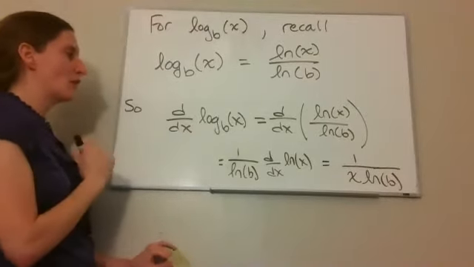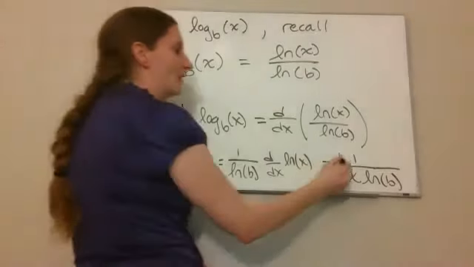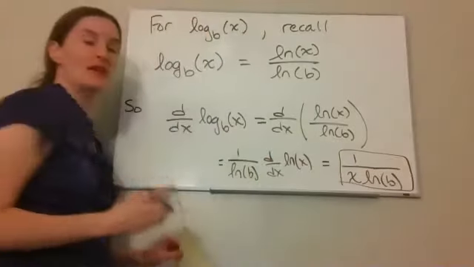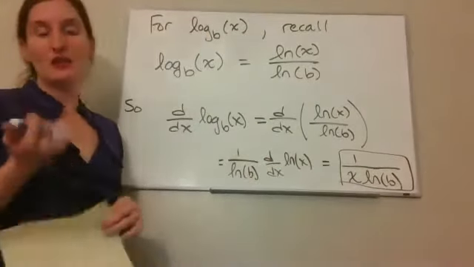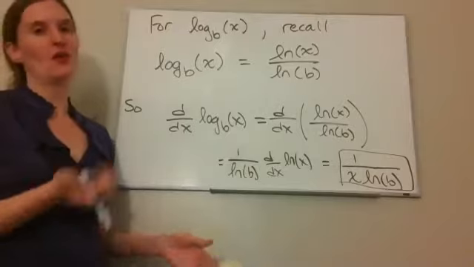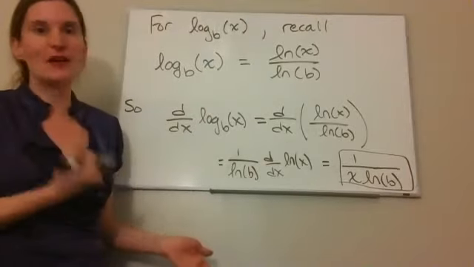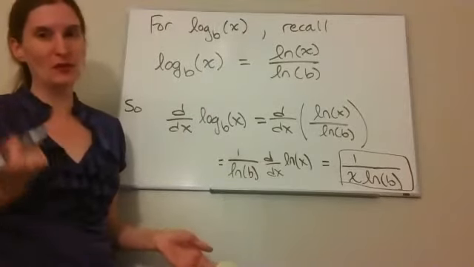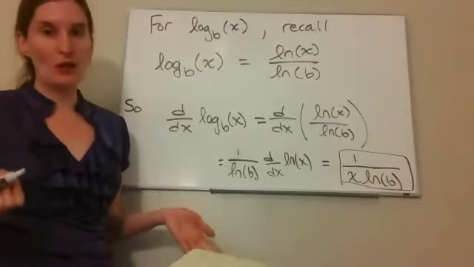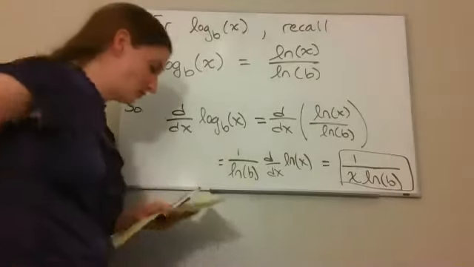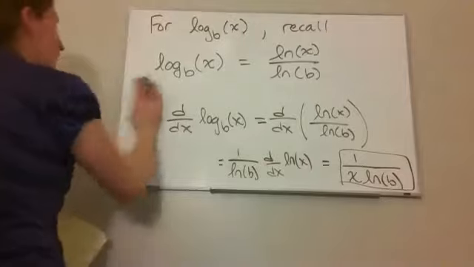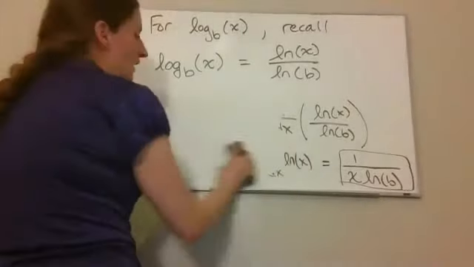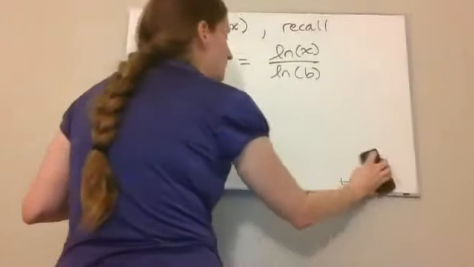So the derivative of log base b of x is 1 over x natural log of b, and you can memorize that one, or again, you can always just use the change of base formula, and then you only have to memorize derivative of natural log is 1 over x. So let's do some examples using our new rule.